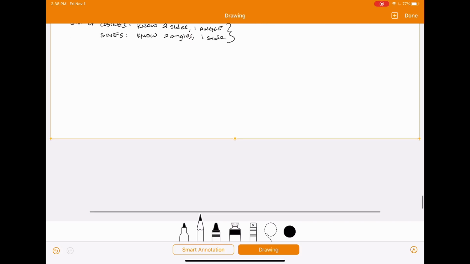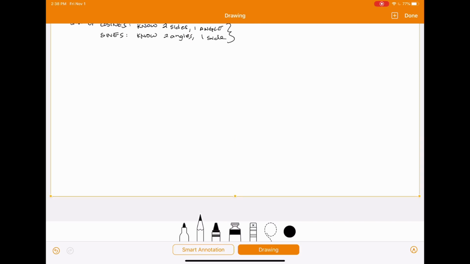Okay, let's talk a little bit more about the Pythagorean theorem. We touched on it a little bit when we were talking about distance. So again, the Pythagorean theorem says a squared plus b squared equals c squared.